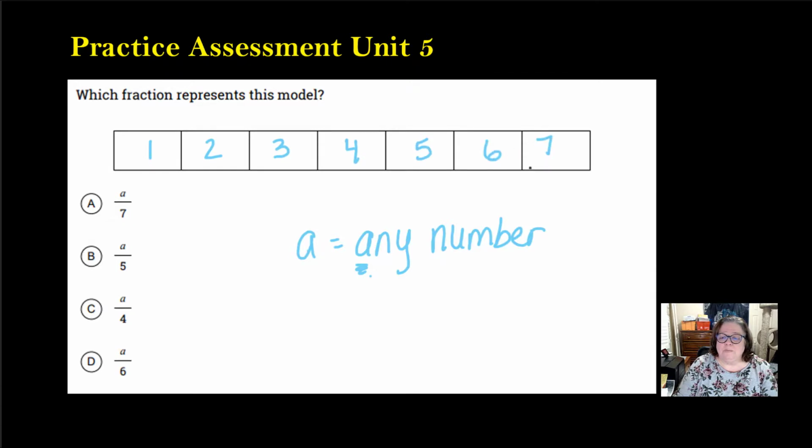The denominator must be 7, and so the correct answer would be the one with the 7, A over 7. This has 5 as the denominator, 4 is the denominator, 6 is the denominator. No, any fraction, whether it's 1/7 or 2/7 or 3/7, the denominator must be 7.